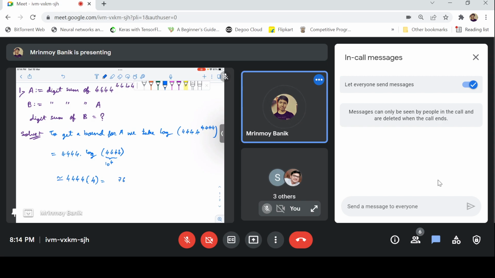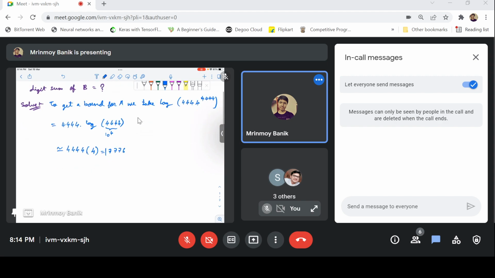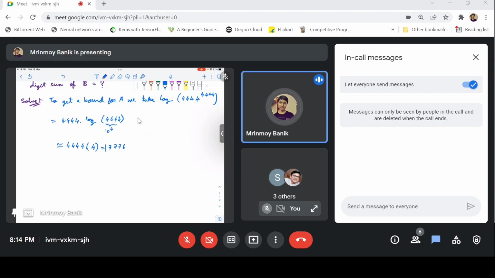So that's 17776, I guess. No, sorry, 17776. So this is kind of an approximation for the value of A. Now B is the digit sum of this number.